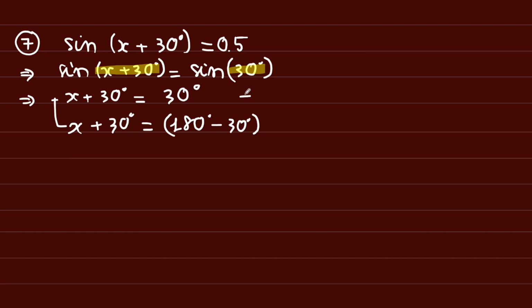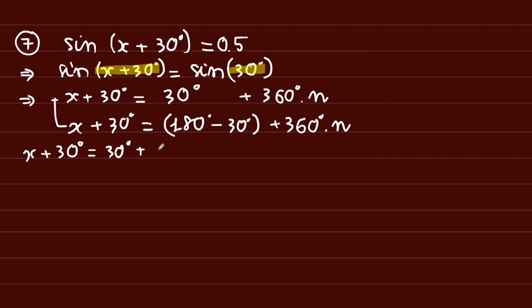But don't forget the general turning around, 360 degree multiply n. Okay, we got two expressions. The first expression is x plus 30 degree equal to 30 degree plus 360 degree multiply n.